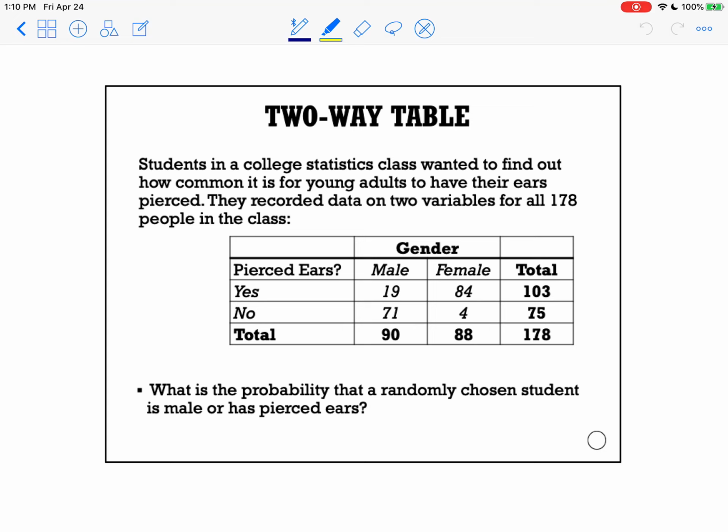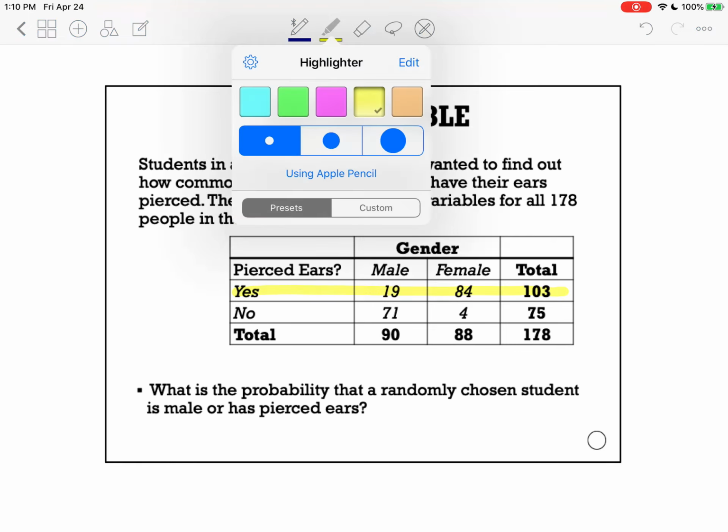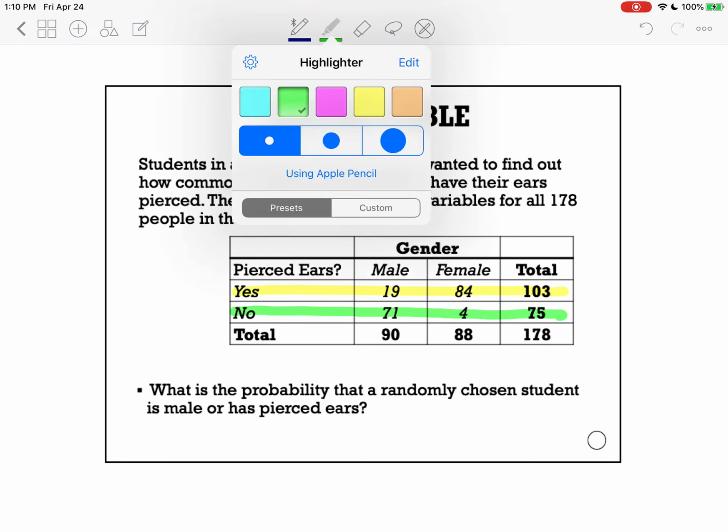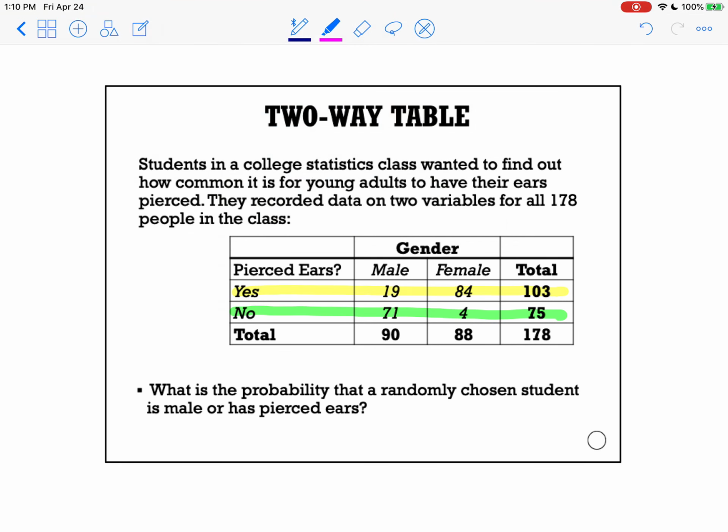Notice that we have different columns that mean different things. So if we're in this row, that means we have our ears pierced. If we're in this row, that means we do not have our ears pierced. If we're in this column, we are female. If we're in this column, we're male.